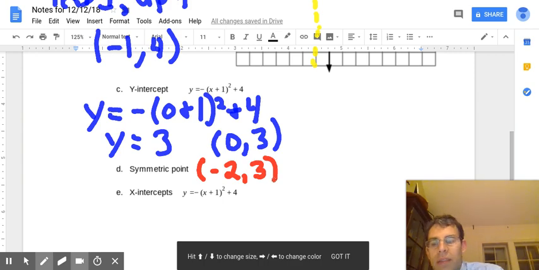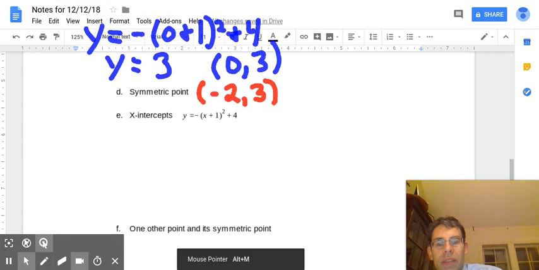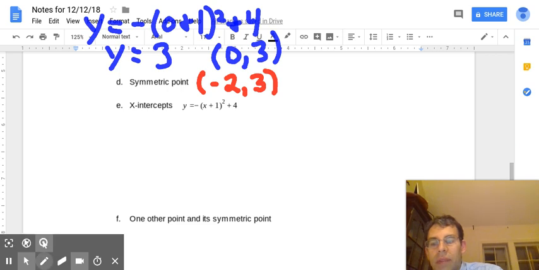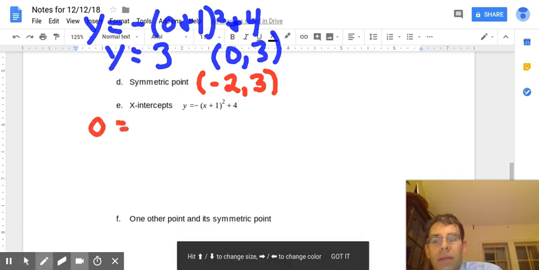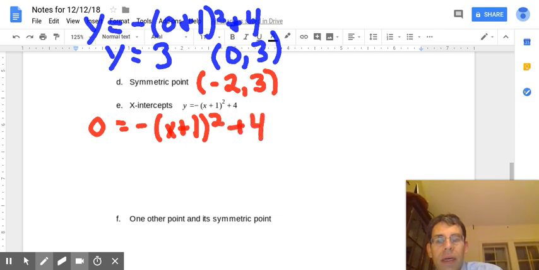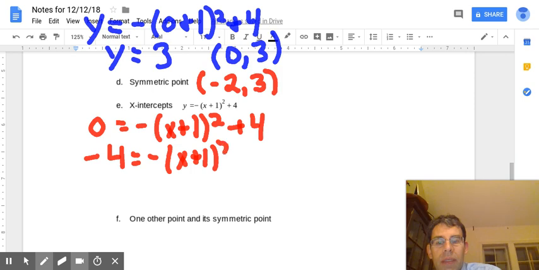For our x-intercepts, we want to plug 0 in for y now. So I'm going to rewrite this equation as 0 equals negative (x plus 1) squared plus 4. Let's subtract 4 from both sides. So I get negative 4 is the opposite of (x plus 1) squared. Divide both sides by negative 1.